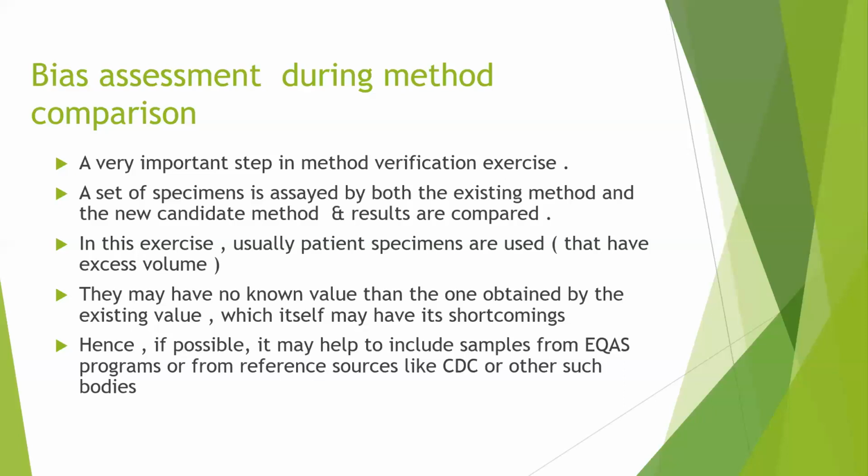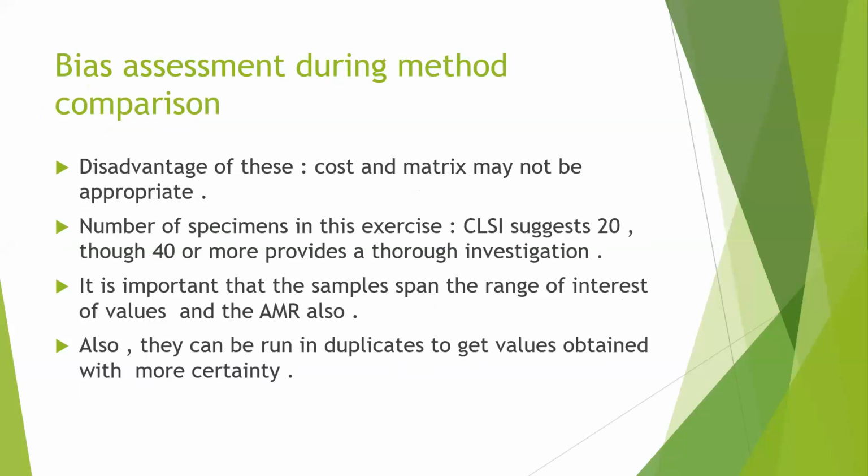If possible, include samples from EQAS programs, which are within stability limits, or from reference sources like CDC or other reference labs or such bodies. It will definitely help because they have pre-assigned values. The disadvantage of these reference samples is that their cost is usually prohibitive and their matrix may not be appropriate. It might not be exactly commutable with the patient sample matrix.